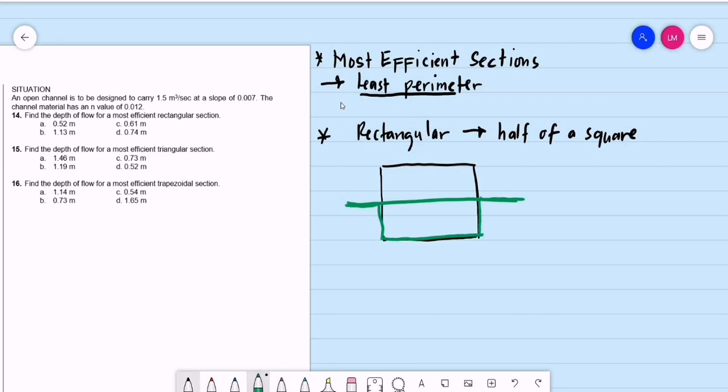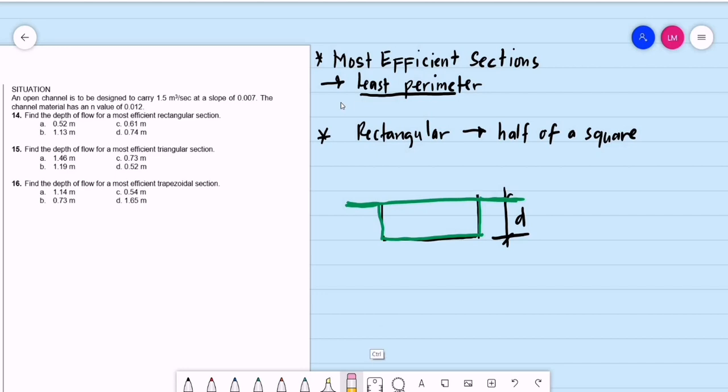Then we start with the depth. Let's say this is the depth of the most efficient rectangular section, D. Then we may erase the upper part. If the depth of flow is D, that is half of the side of the square.